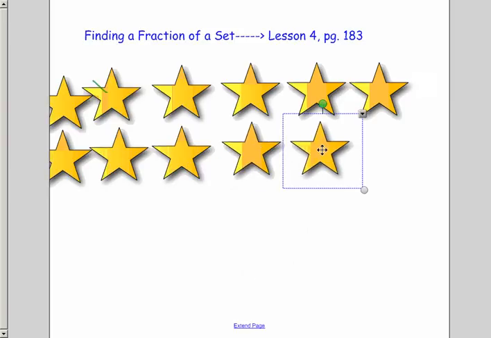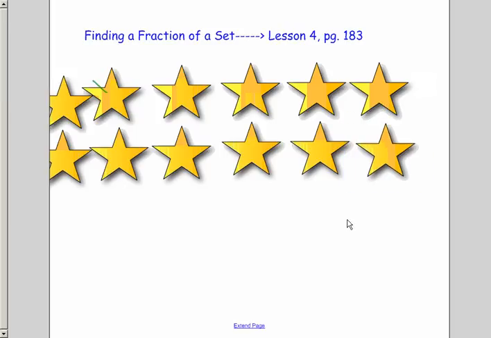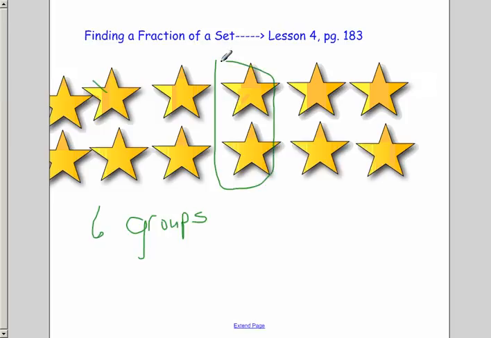Oh, I don't have enough. There we go. So you can see what I just did. I put them into 6 groups. This is a group, this is a group, and so on.